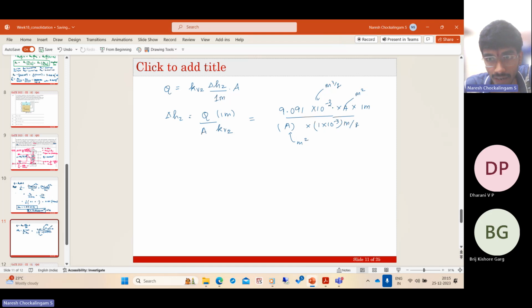This is also fine. Something is not. So this A gets cancelled, and this 10 power minus 3, 10 power minus 3 gets cancelled. So you have just 9.091.